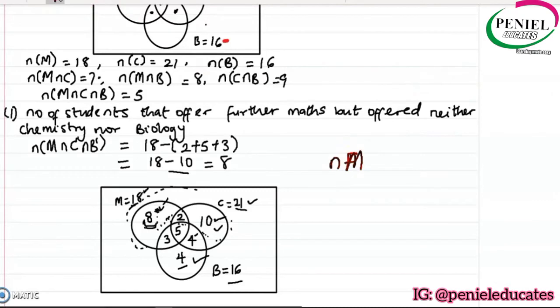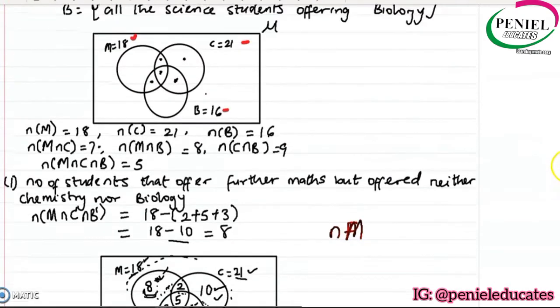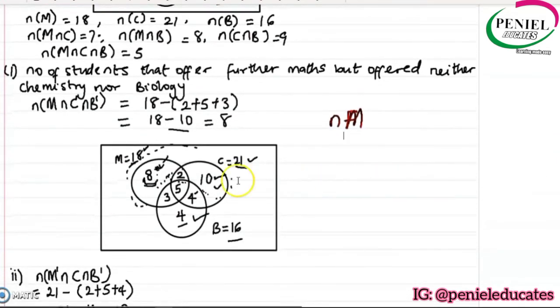So we have people that are offering mathematics and they are not offering chemistry or biology. That means this is mathematics here, this is the place we're talking about. Now they're offering mathematics, but they are not offering chemistry, so that means this place is out.